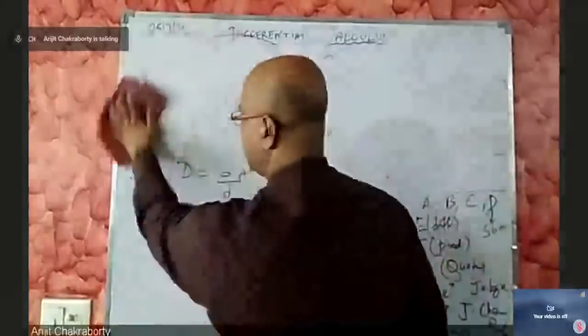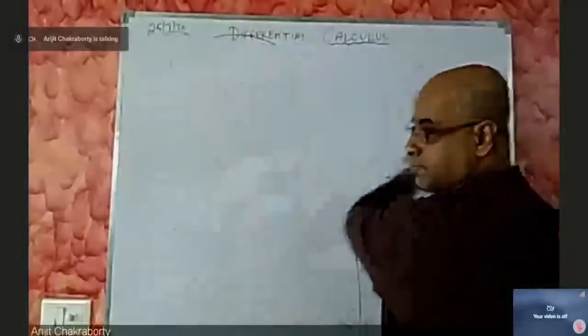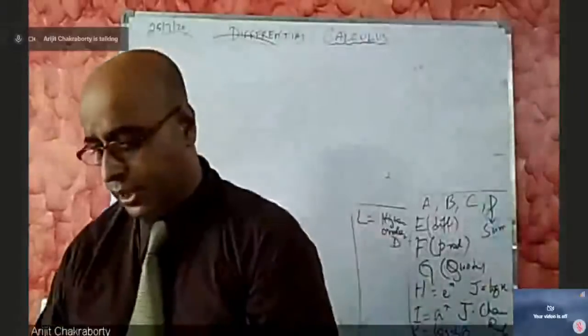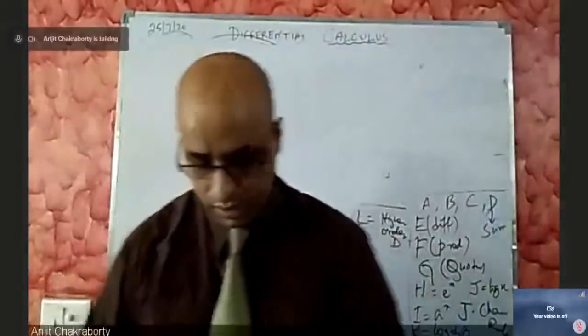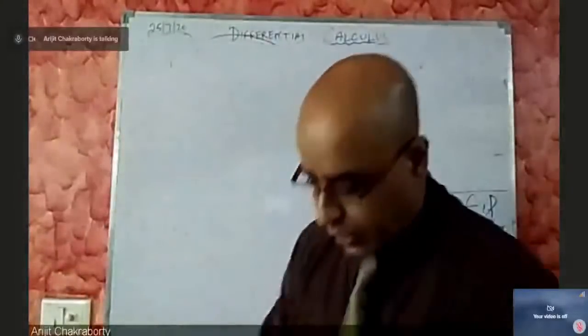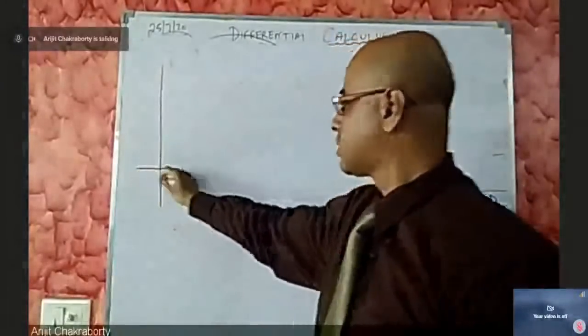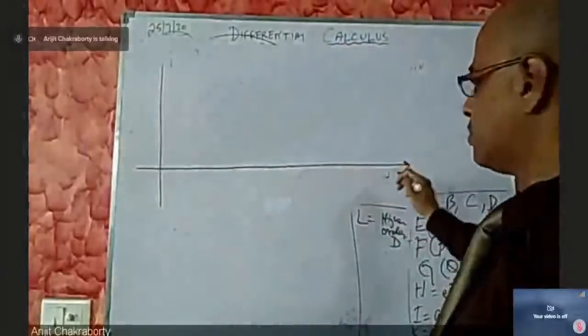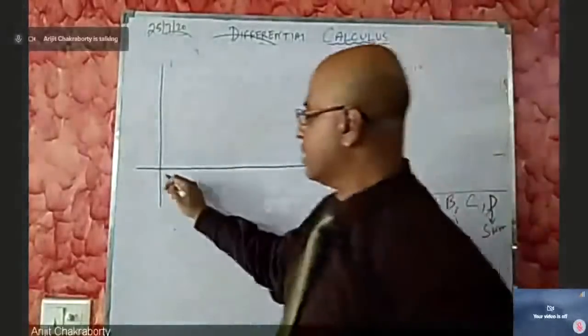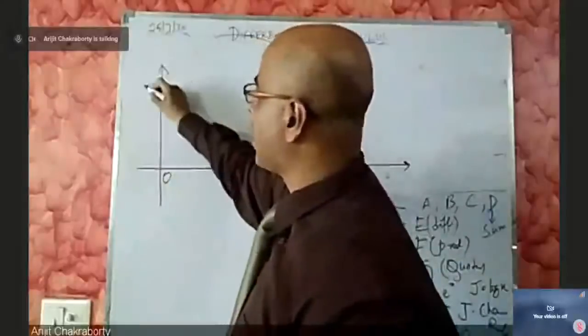Fine. So we are taking the next part, and this is the slope of a curve. So I would put it in this way. Say a straight line goes like this. This is the x-axis, 0, and we have the y-axis.